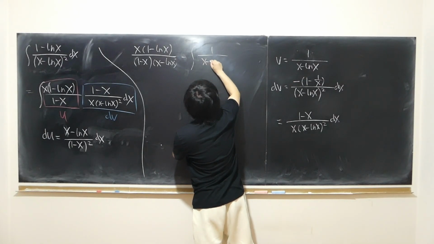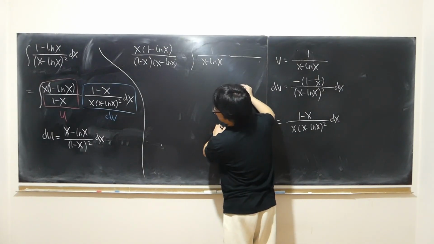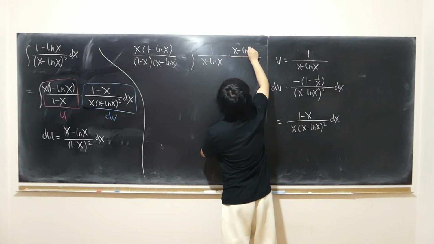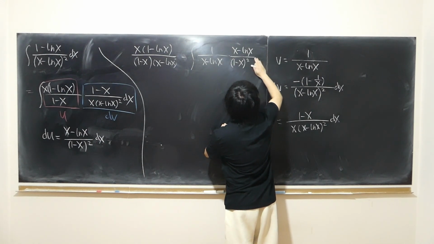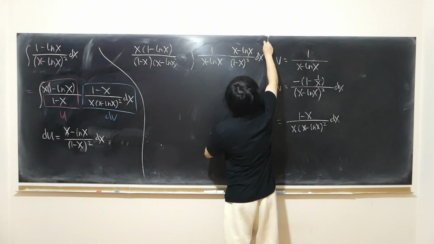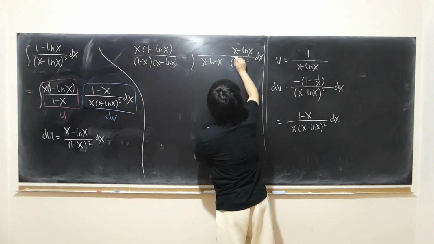Okay, so x minus log x times x minus log x, 1 minus x squared dx. Here they can just cancel.